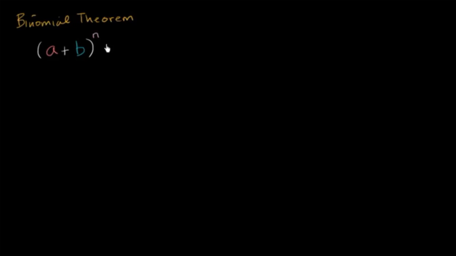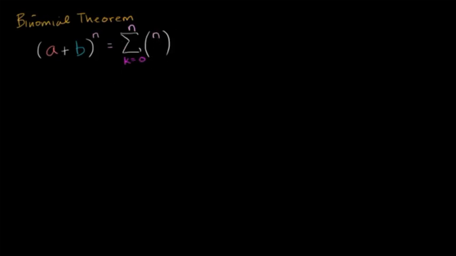The binomial theorem tells us that this is going to be equal to, and the notation is going to look a little bit complicated at first, but then we'll work through an actual example, the sum from k equals 0 to n, this n and this n are the same number, of n choose k.